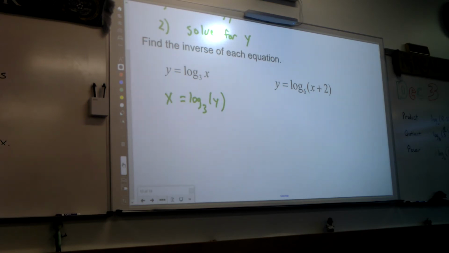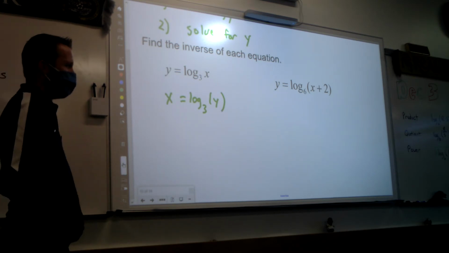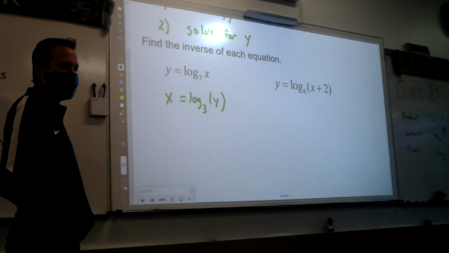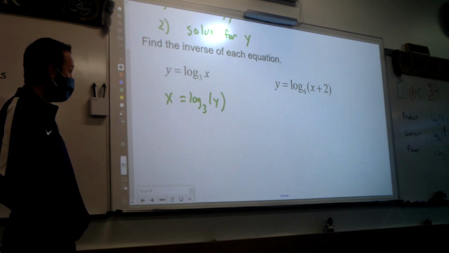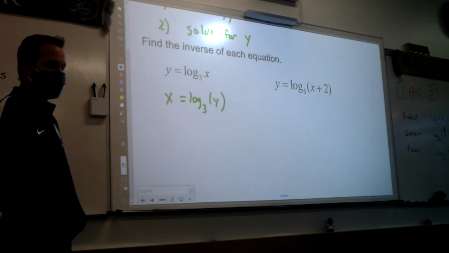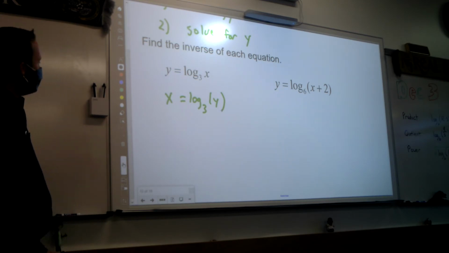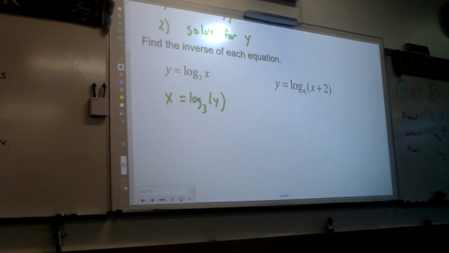It's inside of the logarithm. How do you undo a logarithm? Can I just subtract a log or divide by a log? I can, but I can rewrite this using circle of life. How would we rewrite this using circle of life? There you go. 3 to the x is equal to y.